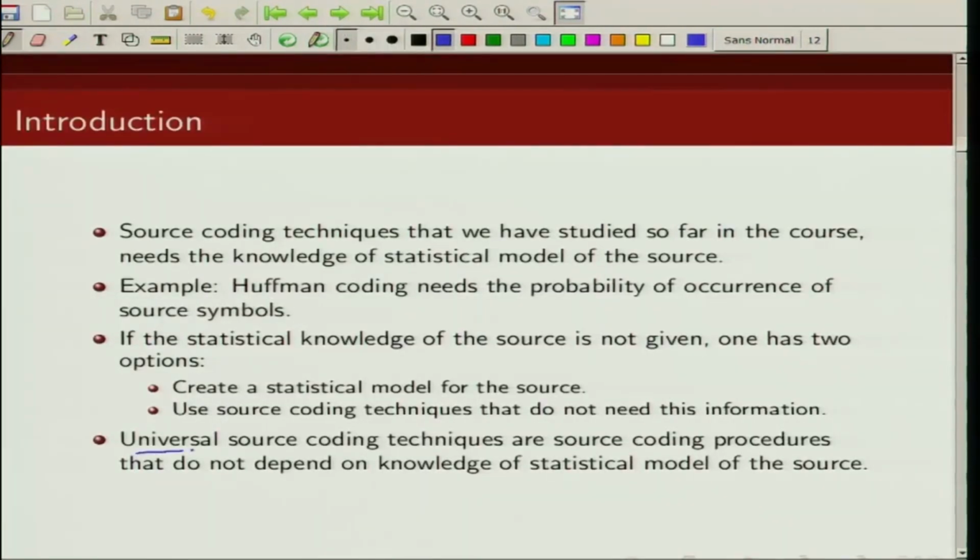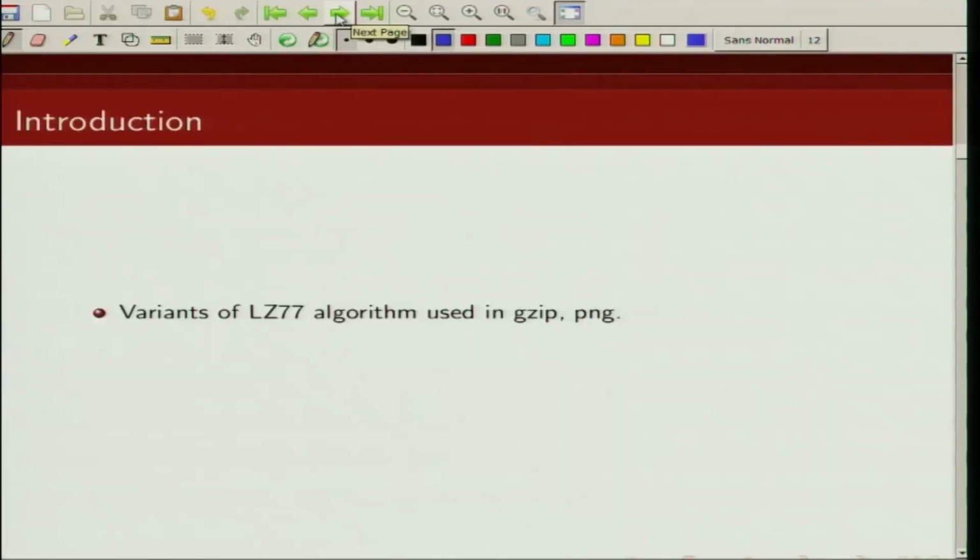Universal source compression algorithms are the source coding algorithms that do not require any knowledge about the statistical model of the source. And they are very efficient. We are not going to talk in this class about the optimality of these algorithms, but asymptotically they are also optimal. Now these algorithms are widely used in practice.